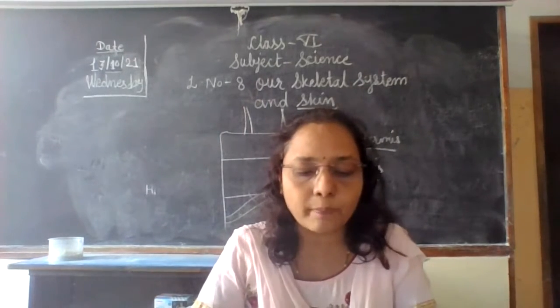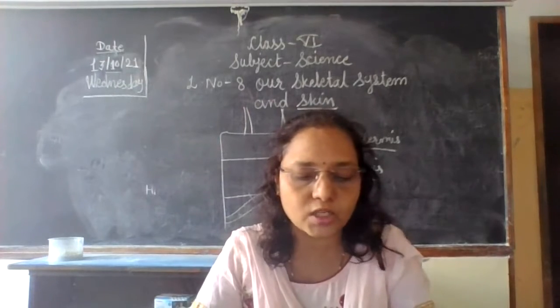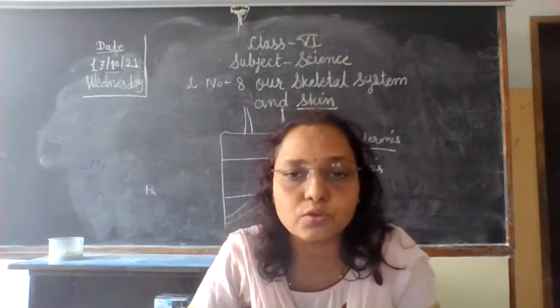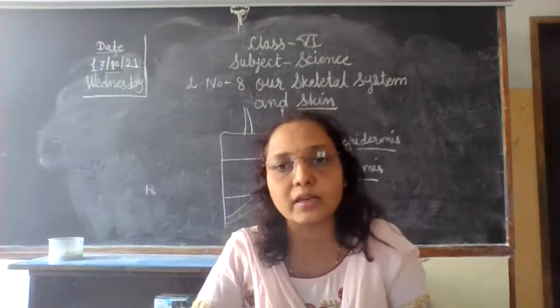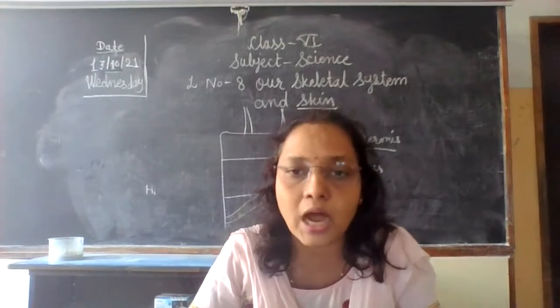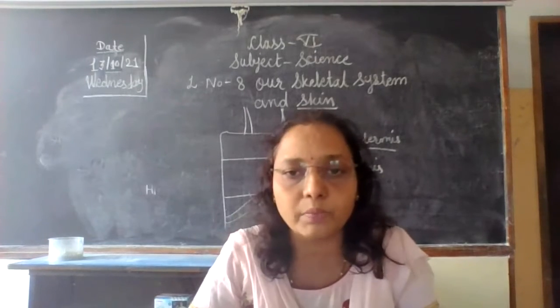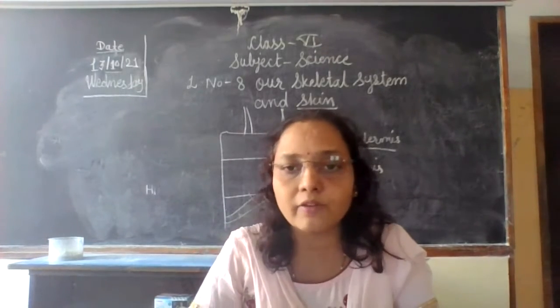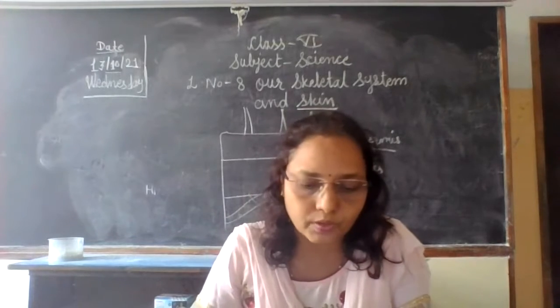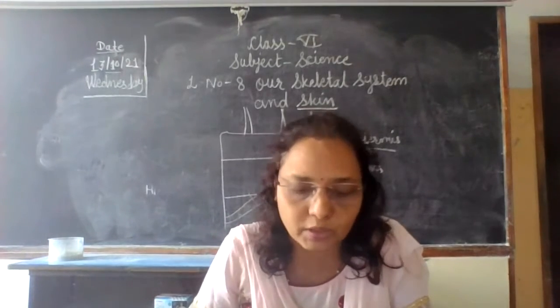The percentage of melanin decides the fairness or darkness of the skin. Our body gets colored due to melanin pigment. If the melanin pigment is more in the body, our skin gives dark color, and if the melanin pigment is less in our body, it gives a fair color. It depends on melanin pigment.